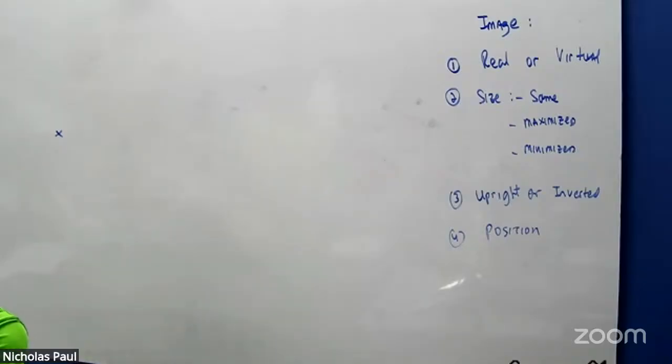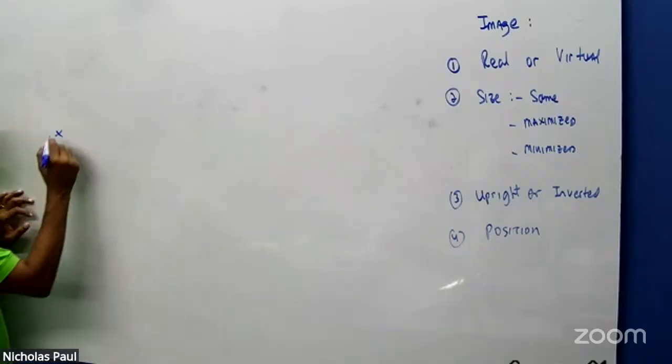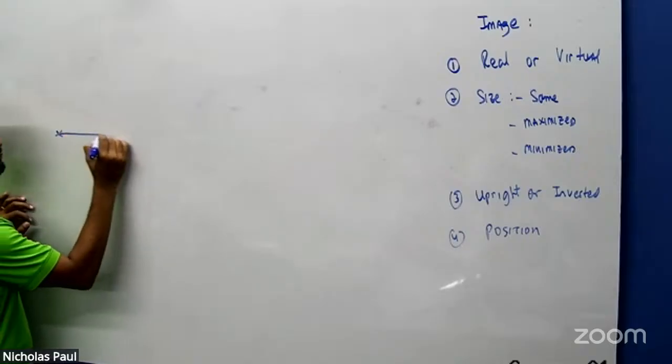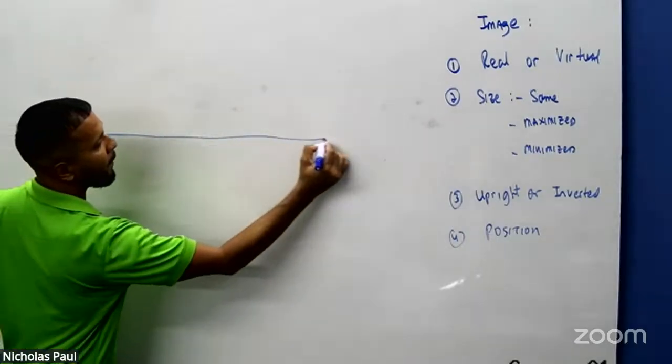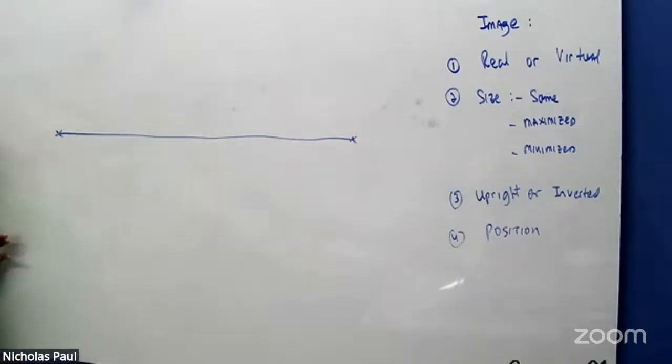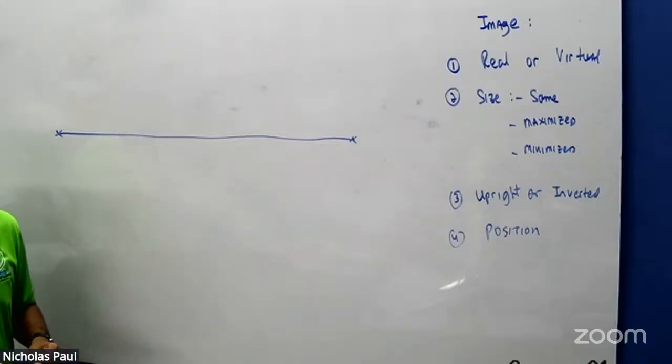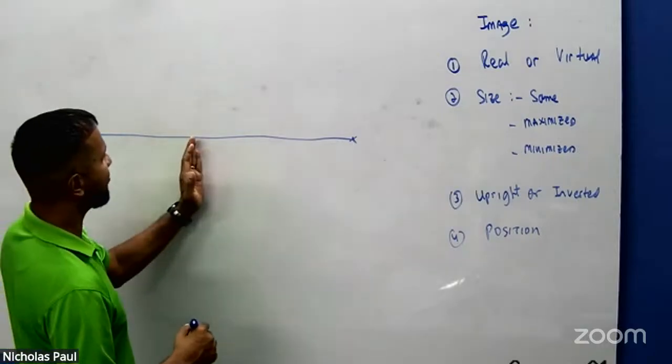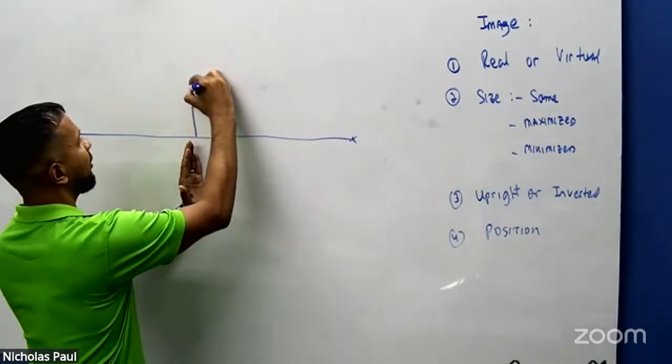Here's what we're doing. Draw your principal axis. That could be about 8 centimeters, or longer, 10 centimeters. It doesn't matter; you can work with 10. And because you're borrowing graph paper, we'll keep everything small.